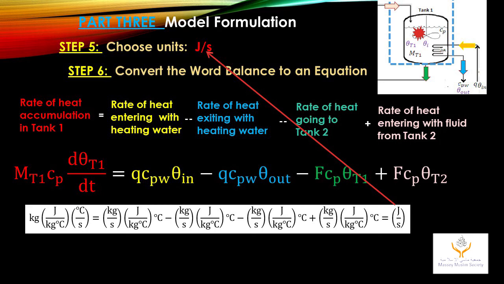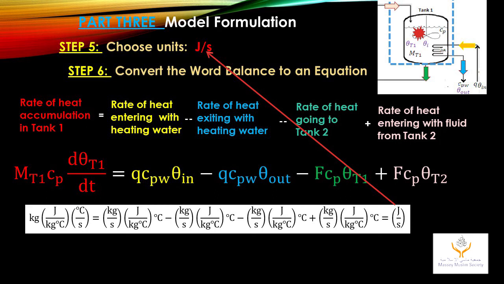The next step is you do a unit balance, dimensions. For example, your mass is in kg. The specific heat capacity is joules per kg per degree, and this component here is your temperature in degrees divided by seconds.